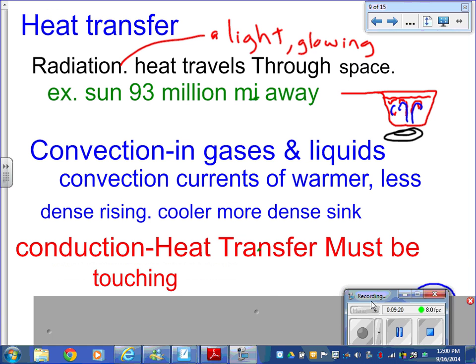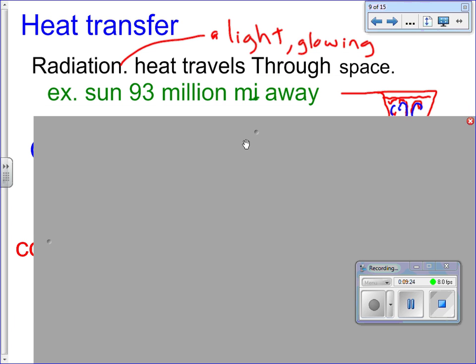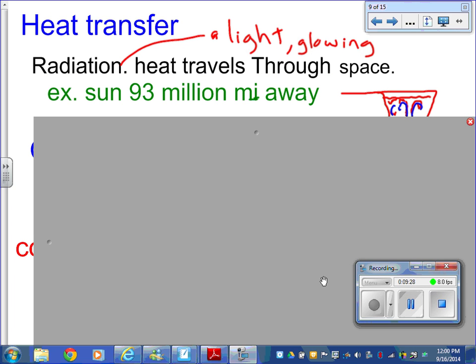Okay, so a quick summary of the 3 types of heat transfer. Radiation. Many of you had read the textbook definition, which is the transfer of heat through electromagnetic waves. Well, that includes all of the energy from the sun.